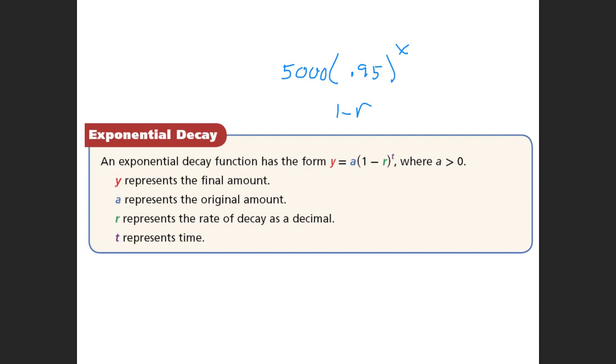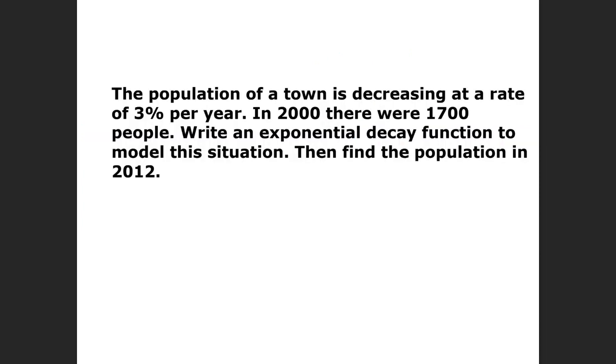If 0.95 equals 1 minus r and you subtract 1, r is equal to 0.05, or 5%. Either one would be fine with me, but not 0.95. So be careful on that problem when it asks you what the rate is. It's not the number inside there. Most students mess up with that.